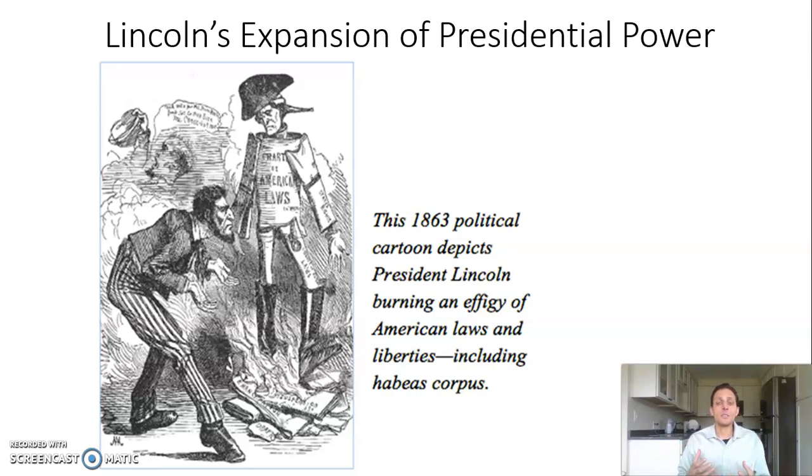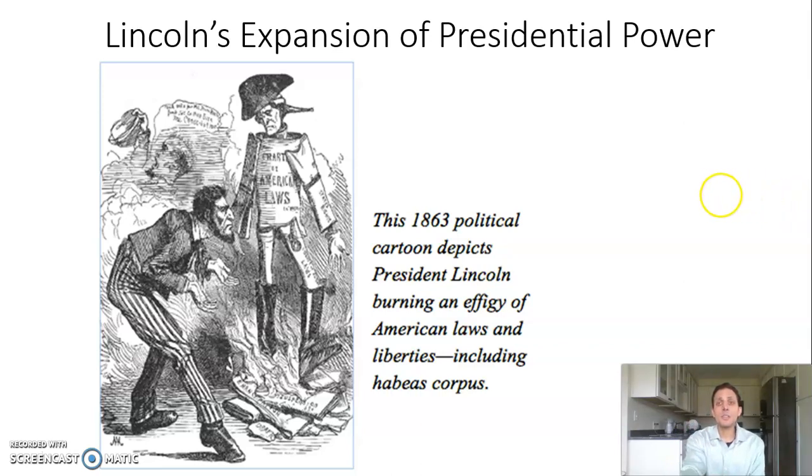Now, Lincoln does this because he knows that there's a lot of pro-Confederacy advocates in the border states and in different parts of the North that he wants to put in jail before they could do harm to the Northern military effort or Northern society. He also is going to limit freedom of the press to a certain extent.